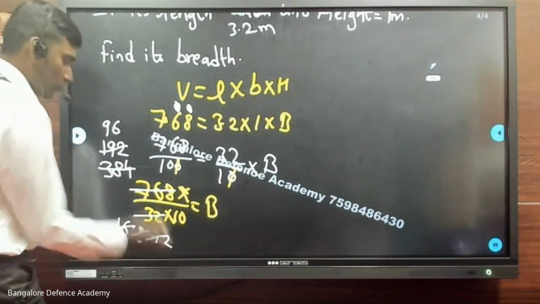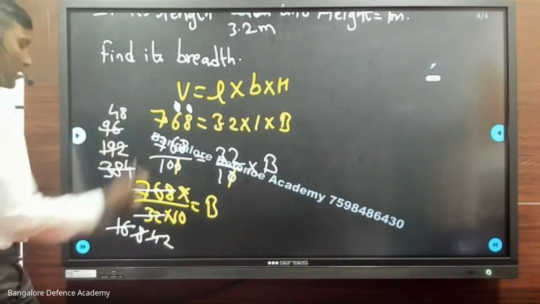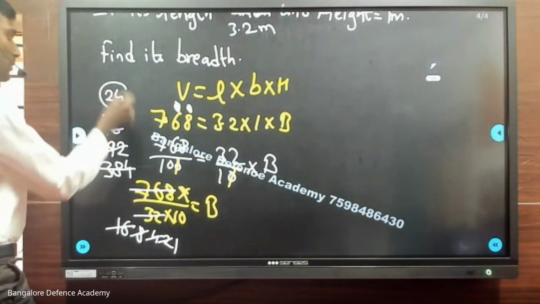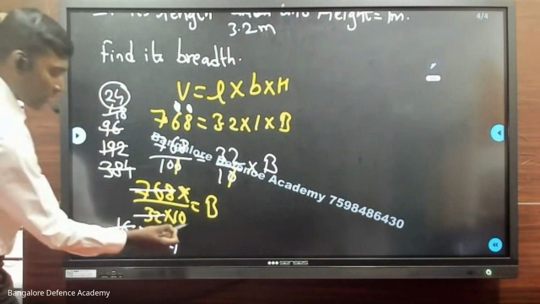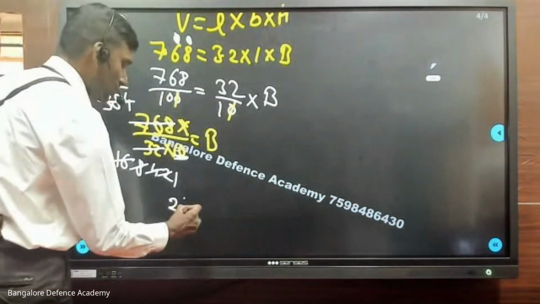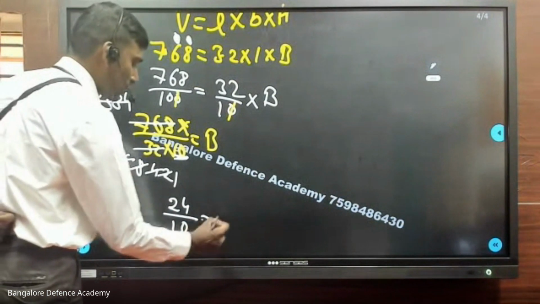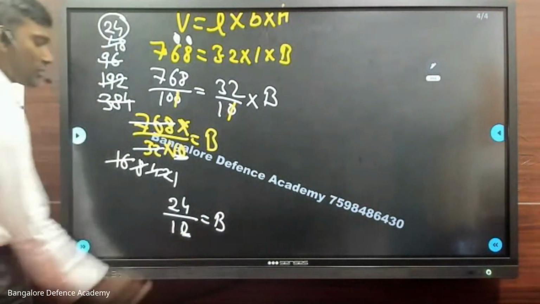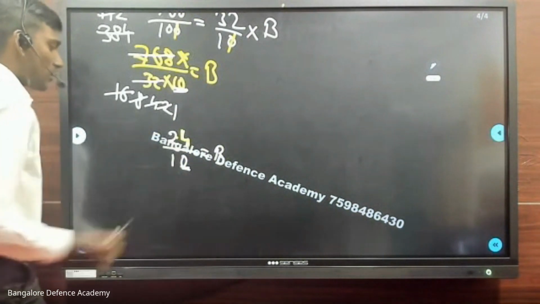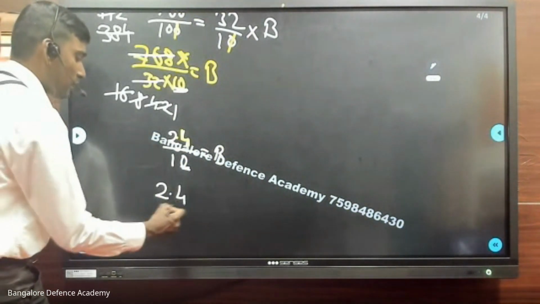Now, 2 2s are 4, 2 1s are 24. तो मुझे लास्ट में क्या मिला 24 और इधर ये क्या है 10. आपने 10 छोड़ दिया तो क्या होगा 24 by 10 is equal to B. Down how many zeros you have? 1. So after this number you put a point. So you get 2.4.